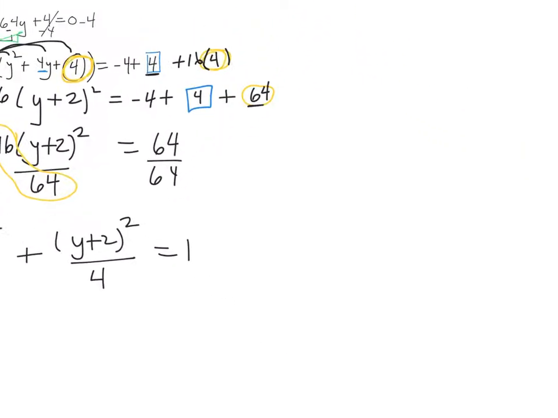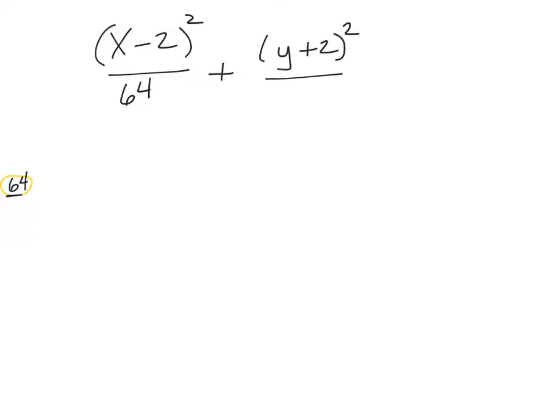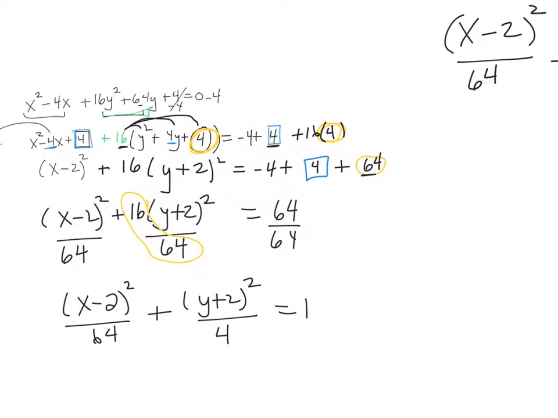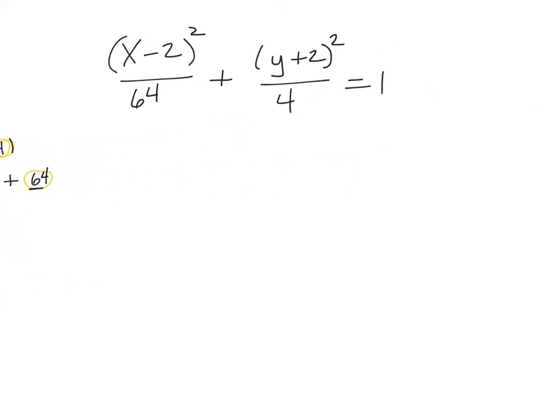I'll scoot the whole thing over and rewrite it. So we have x minus 2 quantity squared all over 64 plus y plus 2 squared over 4 equals 1. Let me just make sure that was the same thing. Yep, looks good.